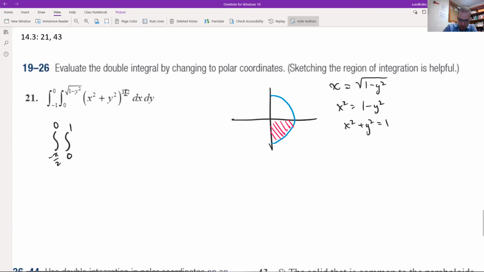We can translate x squared plus y squared into r squared to the 3/2, and then we'd have r d theta. And so this would become r cubed. Then all of that would become r to the 4th, and then you would do some definite integration and get your answer in the end. So that one's not too bad.